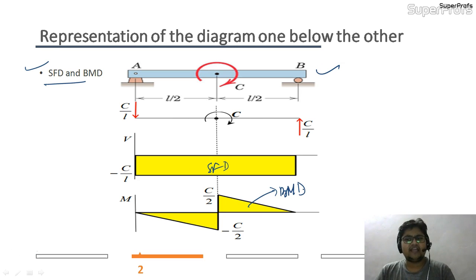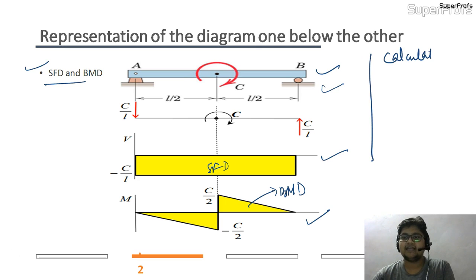Whenever you are writing a subjective question, or solving a problem where many types of load act on the beam, and the drawing becomes more and more complex, one thing you can do is always draw the shear force diagram, bending moment diagram and the loading diagram one below the other, and do the calculations on one side.